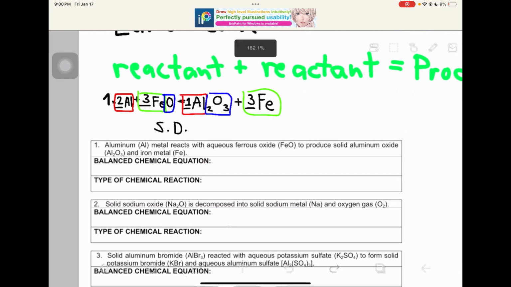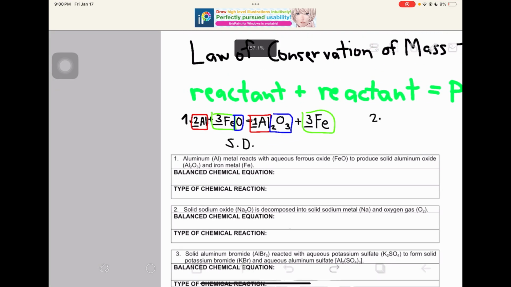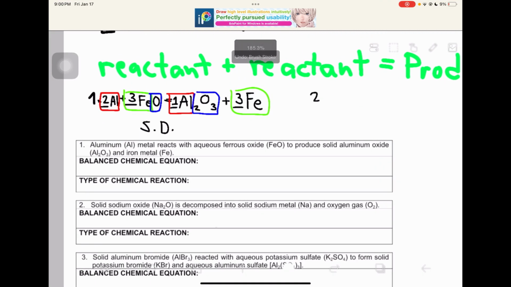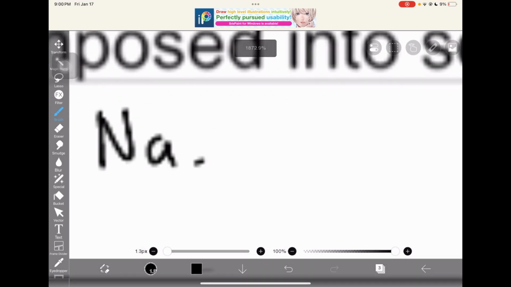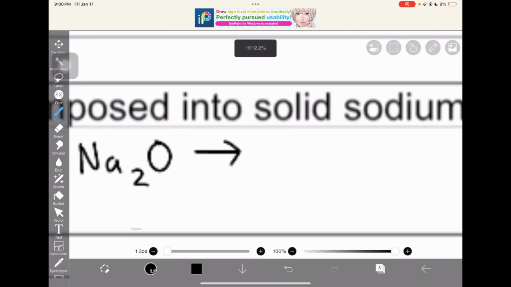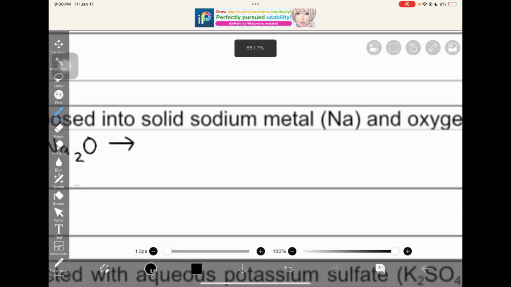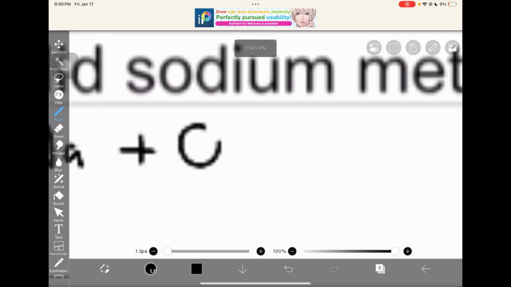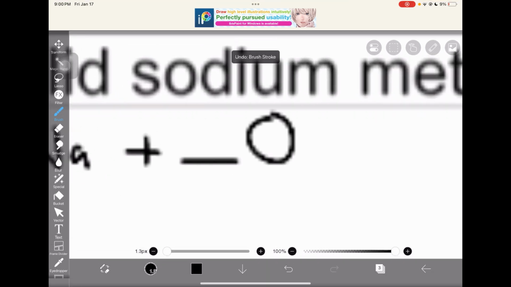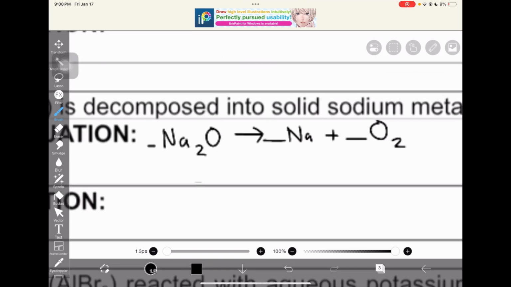Okay. Second, I'll actually do it in the box now. So Na2O is decomposed into solid sodium metal. So Na, blank Na, plus O2, blank O2. Now, first and foremost, let's start with the oxygen first.